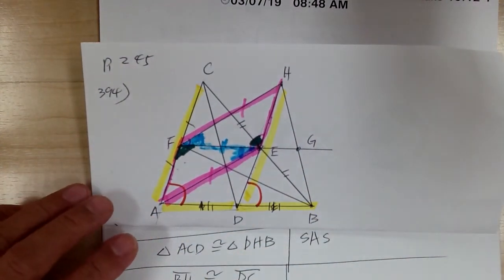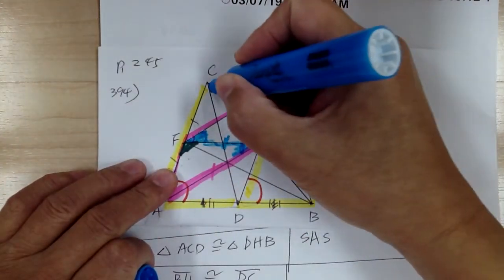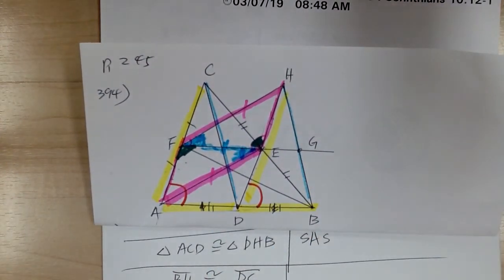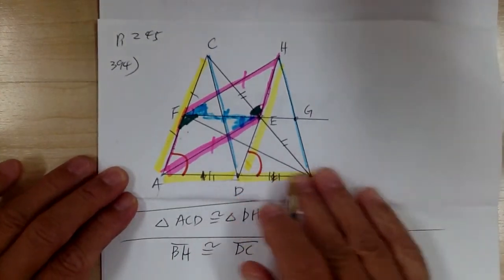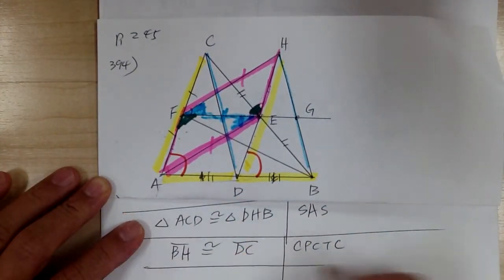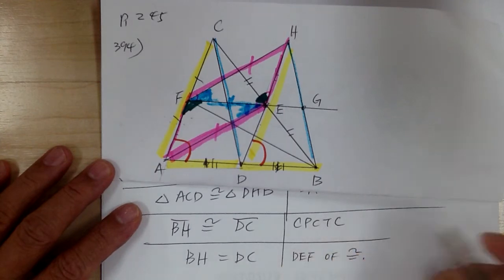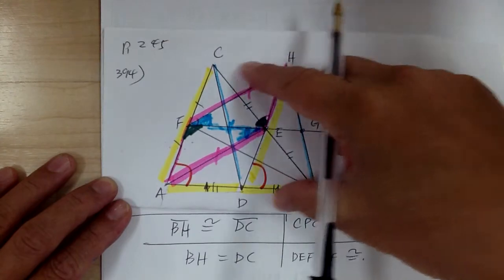So we can use this color over here. And this would be CPCTC. And therefore BH will equal DC. And this is the definition of congruence. Okay, and that's it. So you have this equal to that.